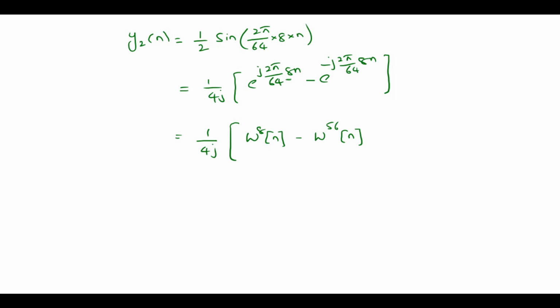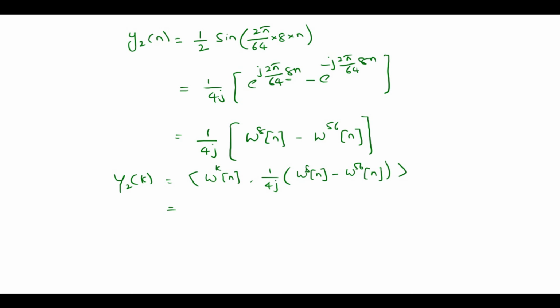Now see Y2 of k, the Fourier transform of Y2 of n. It is again the inner product between W power k of n and 1 by 4j times W power 8 of n minus W power 56 of n.